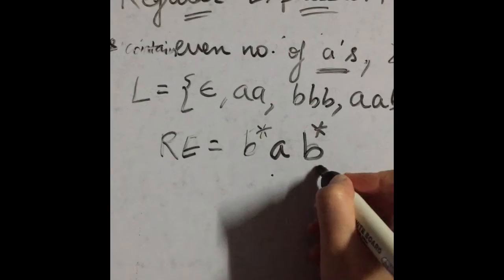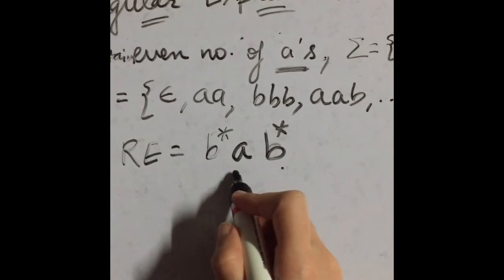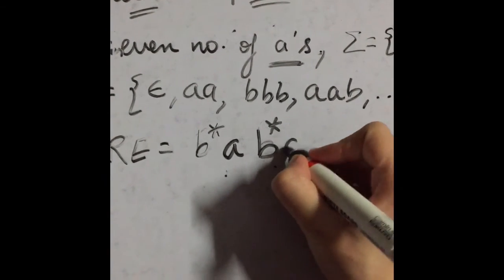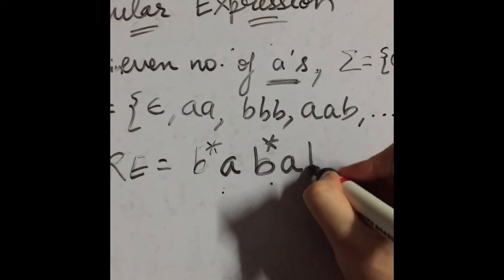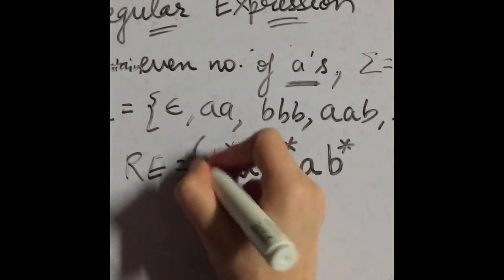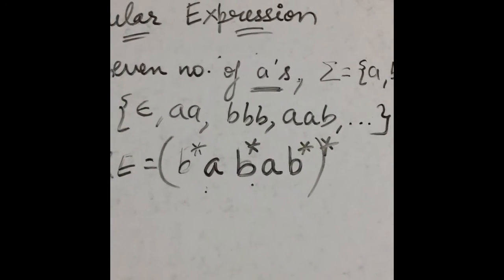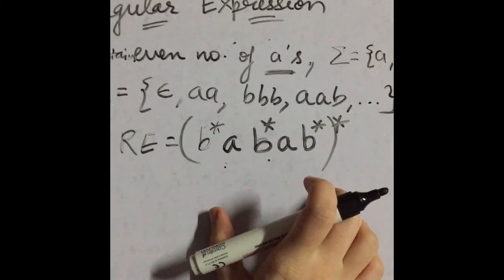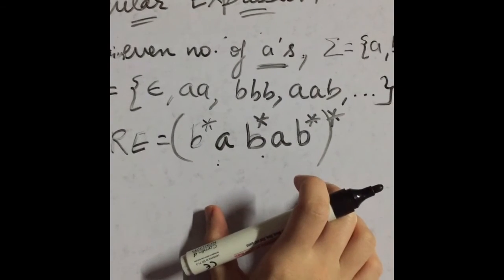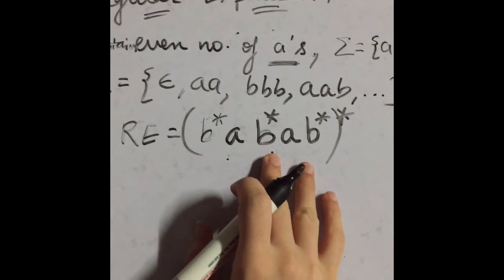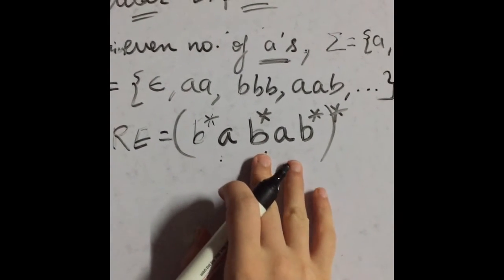After a, any number of b's, we don't care, but one a is odd, so just make another a and any number of b's, and make the whole thing star. So this is the regular expression. Is it right? Are all the strings present in this regular expression? Thinking about that, no.